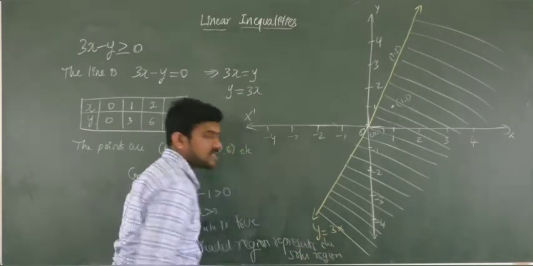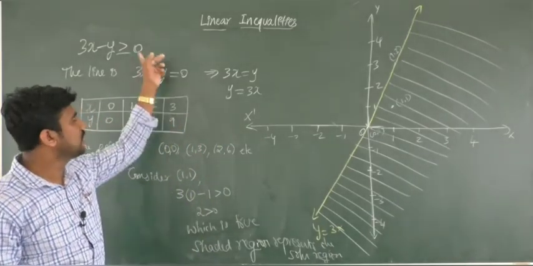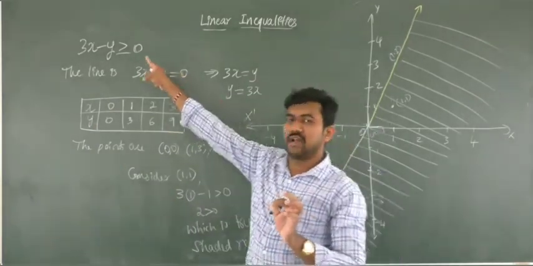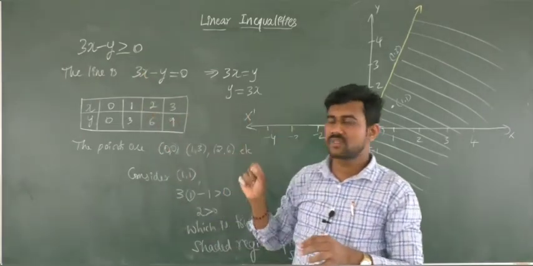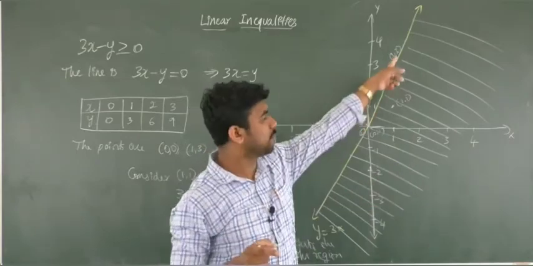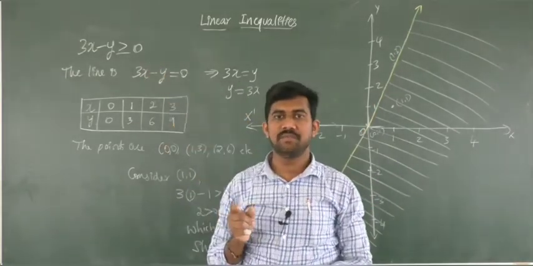Is it clear? Okay, if the constant is 0, then in that case you will get it like this. The line passes through the origin. We will always get a line passing through the origin when the constant is equal to 0.